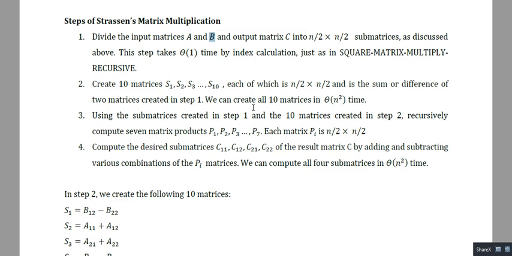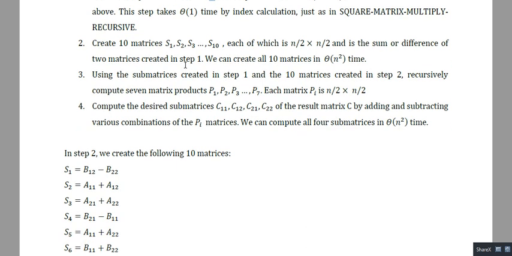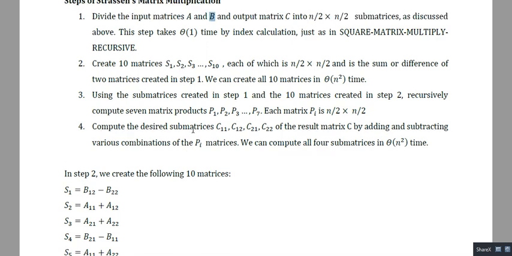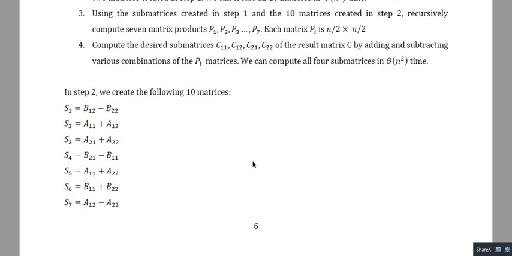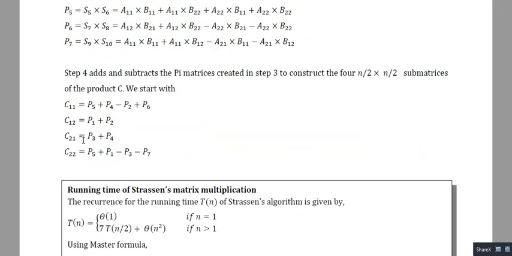Okay. So once these two steps are over, our main target is to find the value of the output matrix C, and this output matrix C again contains how many submatrices? 4 submatrices like C11, C12, C21, C22. Okay, so this is the final formula. C11 equal to P5 plus P4 minus P2 plus P6.